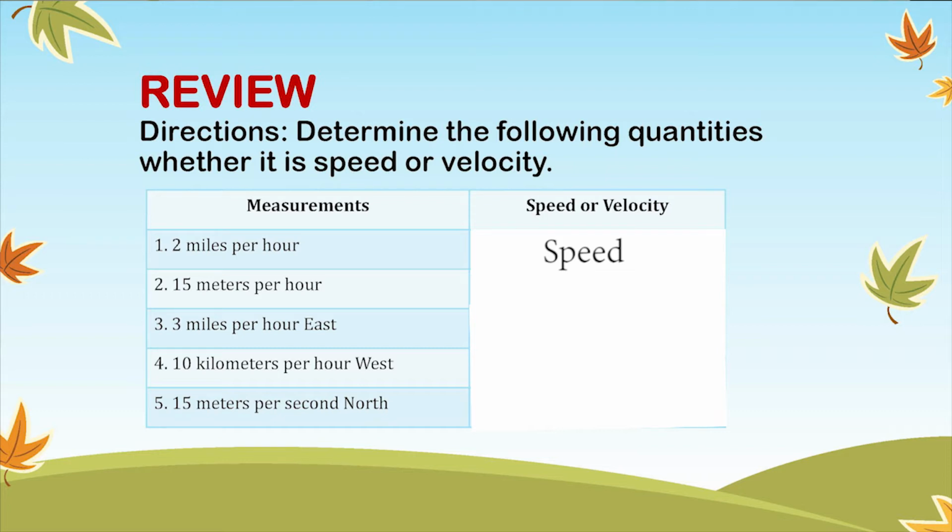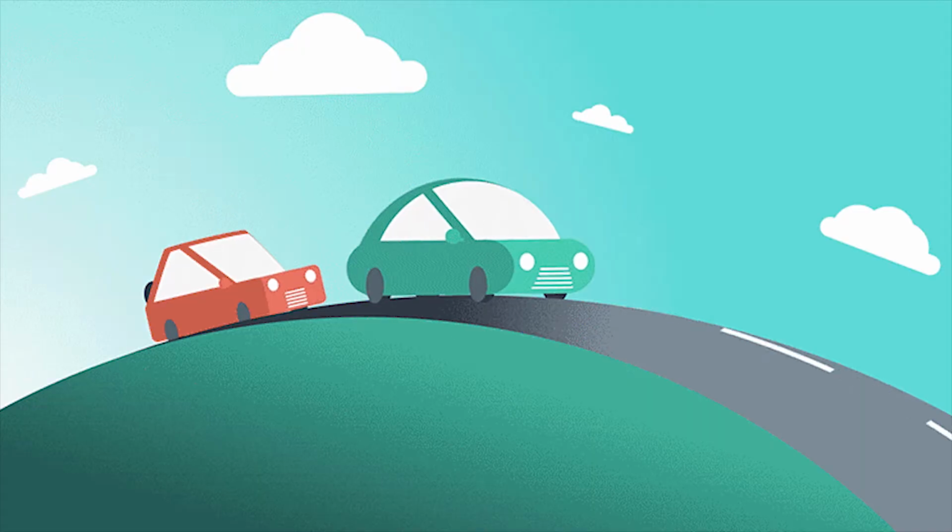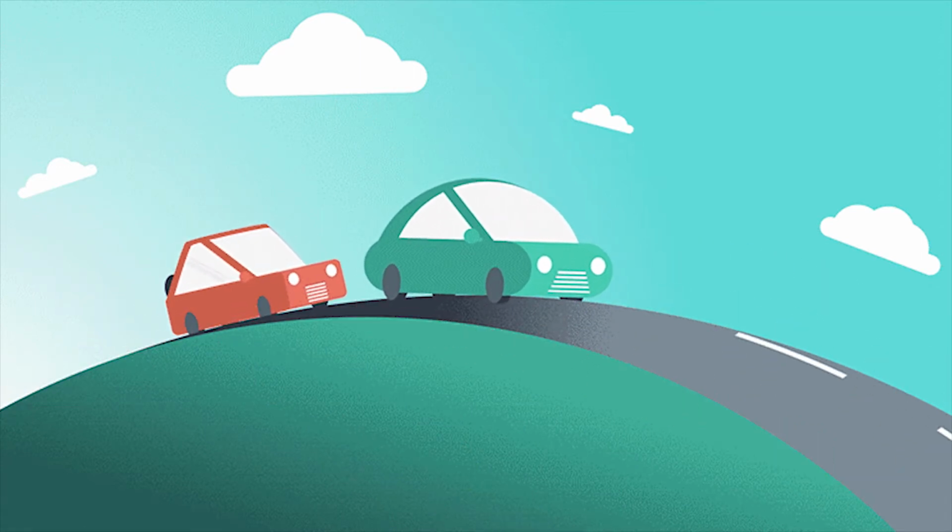Number 2, 15 meters per hour, the answer is still speed. 3, 3 miles per hour east, the answer is velocity. 4, 10 kilometers per hour west, the answer is velocity. 5, 15 meters per second north, the answer is velocity. So speed is simply how fast you are traveling, while velocity is speed in a given direction.